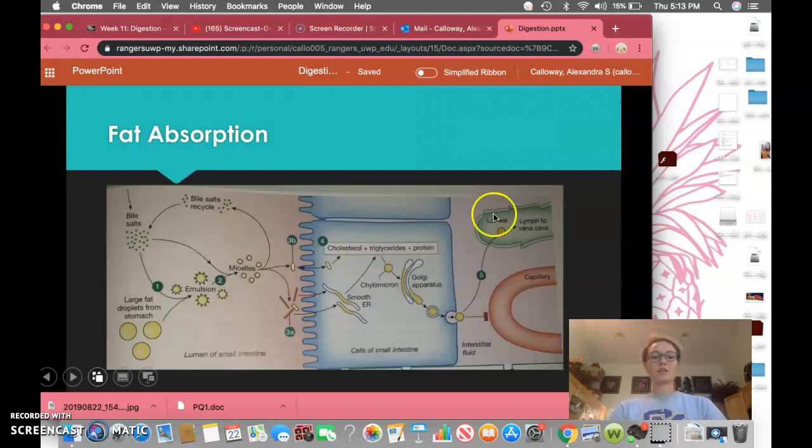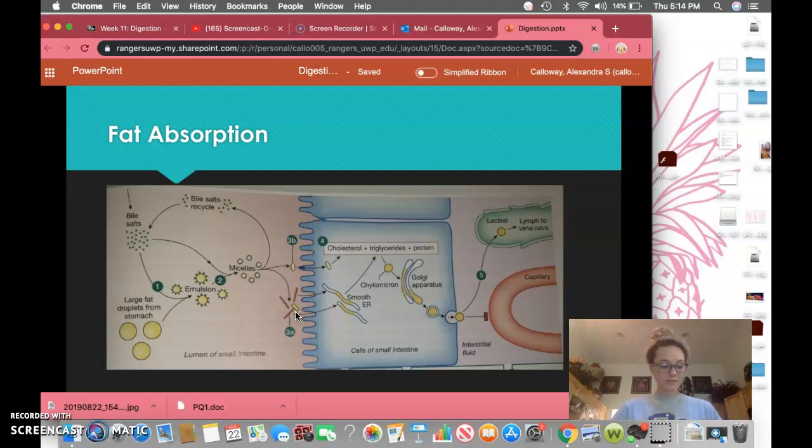So this is a summary of the entire process of lipid digestion. So I'll just kind of go through what we've been through. There's the lipid droplets with the bile salts that do the emulsion process. They form micellase. They travel toward the enterocyte surface, and not all of the components of the micellase can be transported into the cell in the same way, so it kind of has to separate once it gets there.